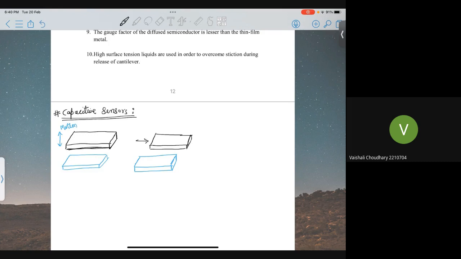So in that case, the motion is in horizontal direction, right? Now, let's say we have a moving plate and also a fixed plate.